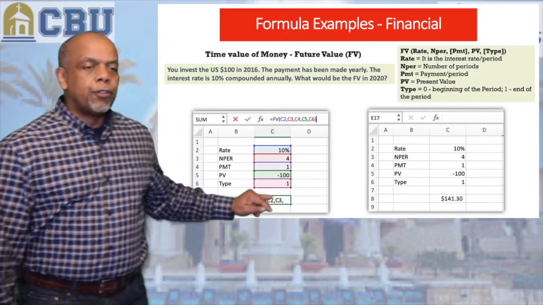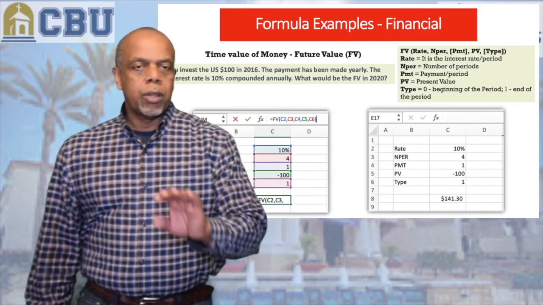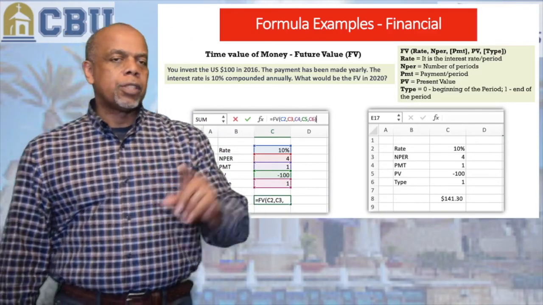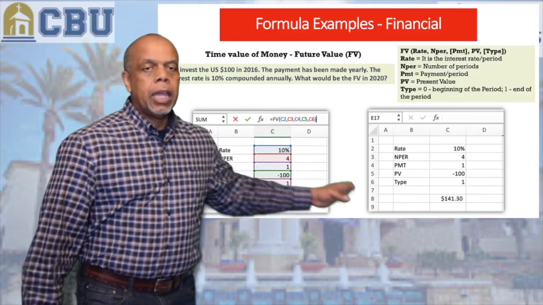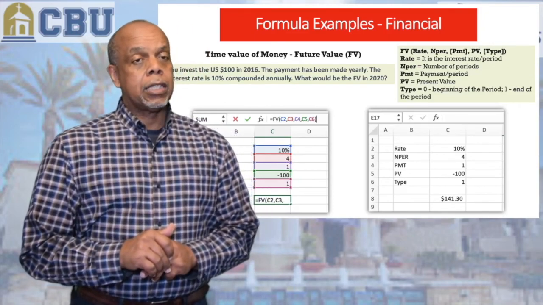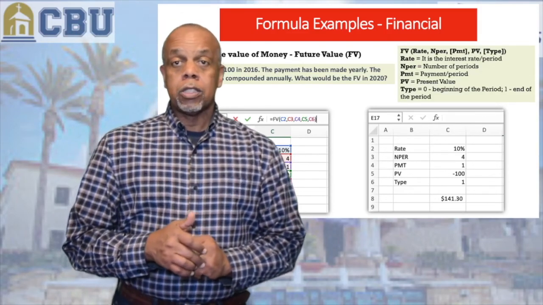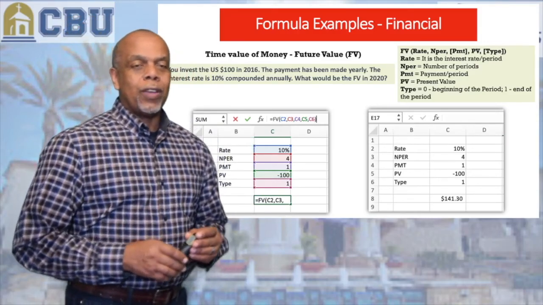So it does the future value calculation right there for us automatically. If I invested $100 at 10% 4 years ago, interest compounded annually, I would today have $141.30. More money than I would have had if I had put it in the stock market right now, because it has dropped tremendously thanks to COVID-19.